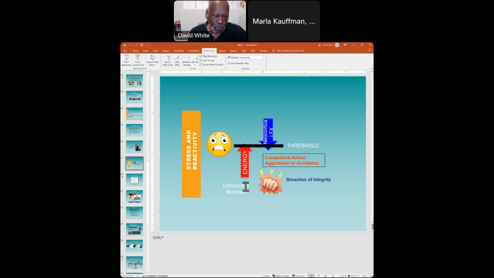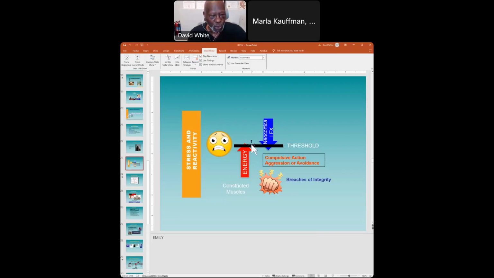You're now being fueled and managed by your autonomic nervous system, your threat response system, the amygdala, and all of those parts in the subcortical parts of your brain, and your limbic system. They pair up and they're energizing you. And as it continues to go up, you get to the point where there's a threshold.